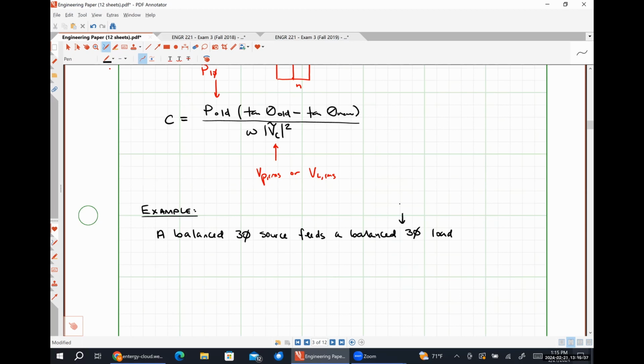Actually, let me sneak this in here. 24 megavolt amperes, so a large industrial load. Operating at a power factor of 0.8 lagging.